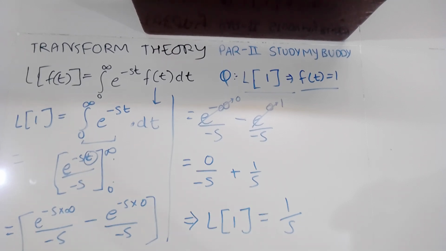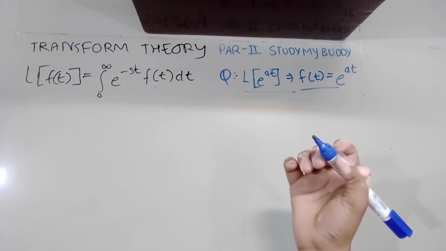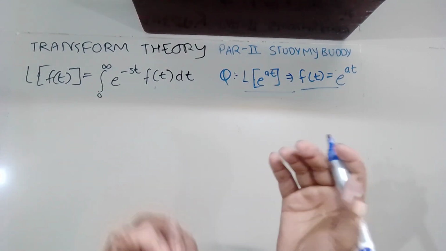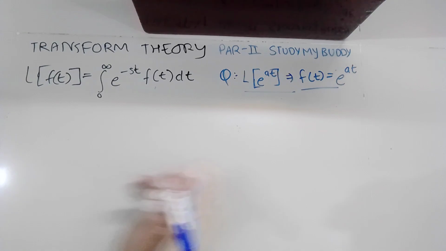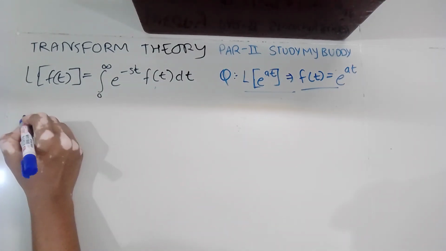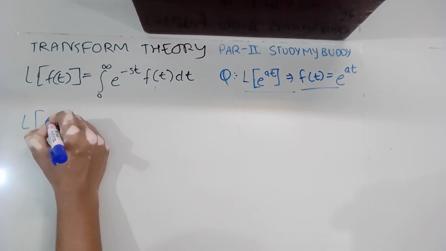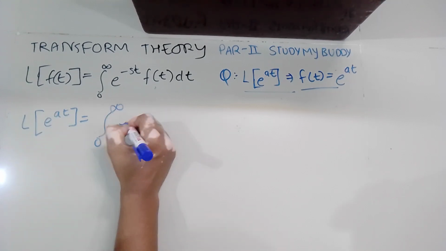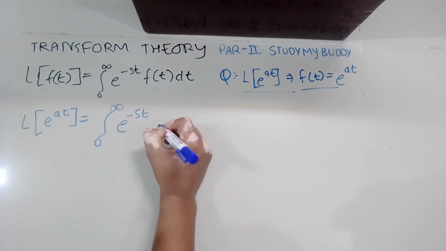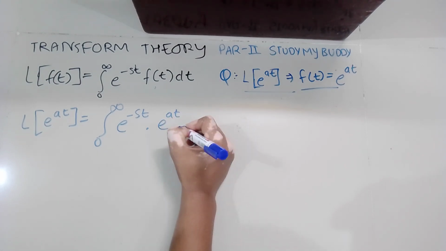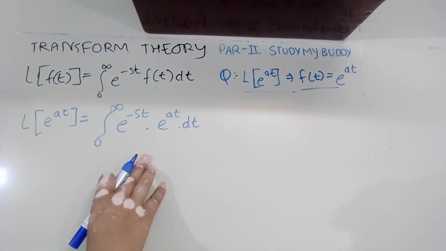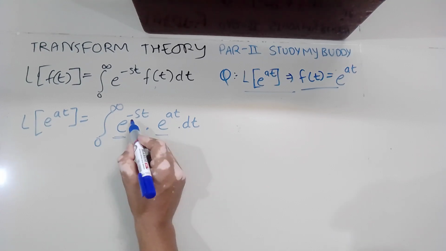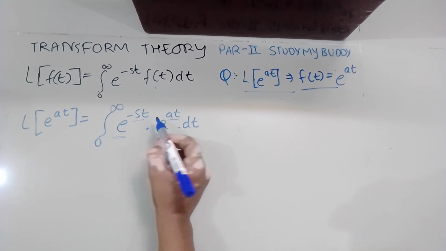Let's move to the second question, where our f of t has now become e to the power at. Okay, so we just start writing the answer, which is the Laplace of e to the power at, the integral from 0 to infinity of e to the power minus st into e to the power at into dt, right? Now here we see, since the base is the same, only the power is different, so we just add them.